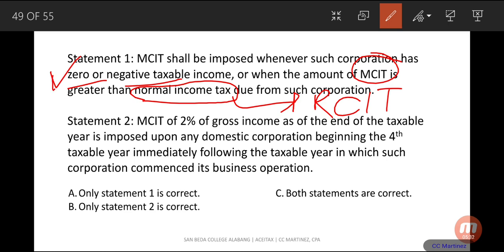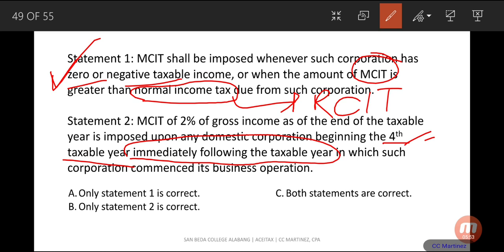So, tama ito. For the statement number 2, MCIT of 2% of gross income as of the end of the taxable year is imposed upon any domestic corporation beginning the 4th taxable year immediately following the taxable year. So, tama naman. Nagkakaroon lang tayo ng test for MCIT beginning the 4th year.